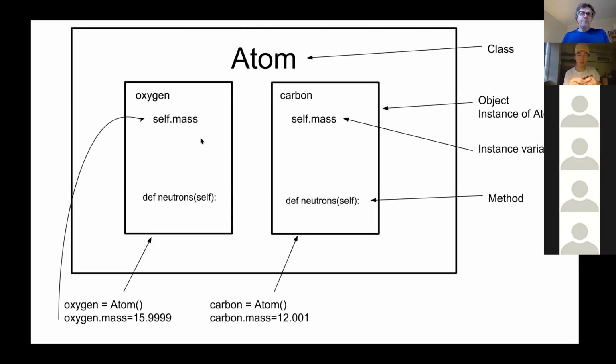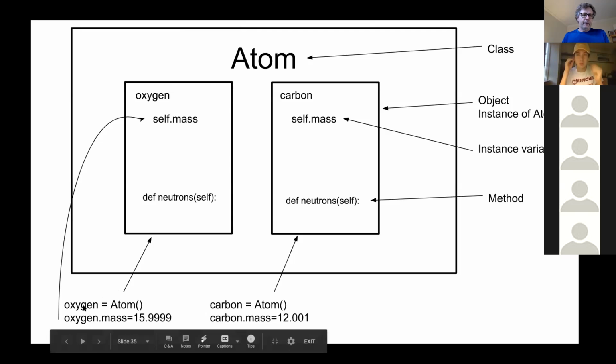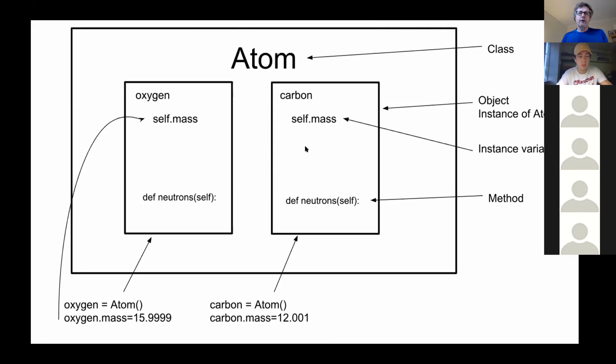Here, I'm making an instance of an atom, and I'm calling it oxygen. Here I'm making an instance of an atom, and I'm calling it carbon. Instances of something are called objects.